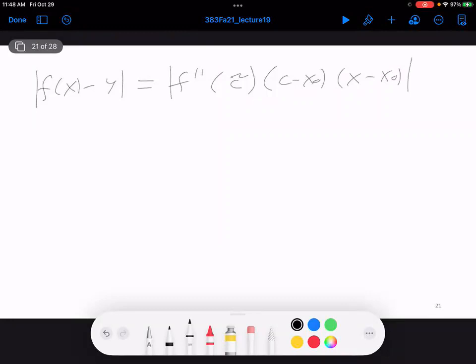Now, what can you tell me about c - x0? Well, that's clearly less than or equal to |x - x0|, as c is between x0 and x.